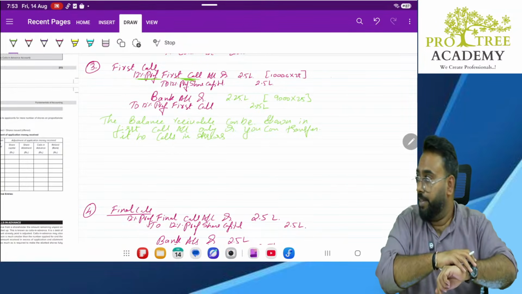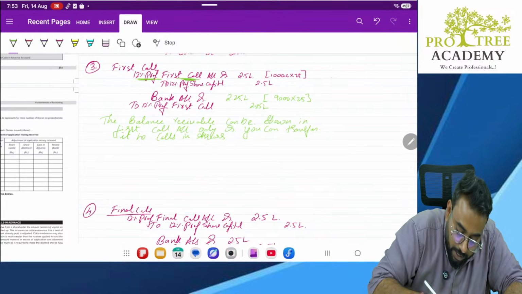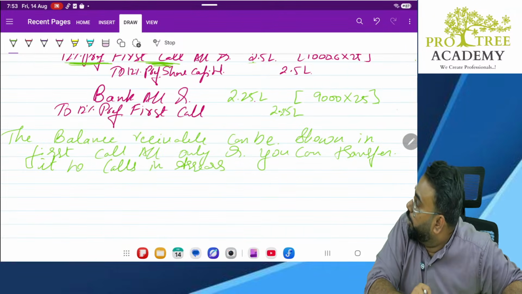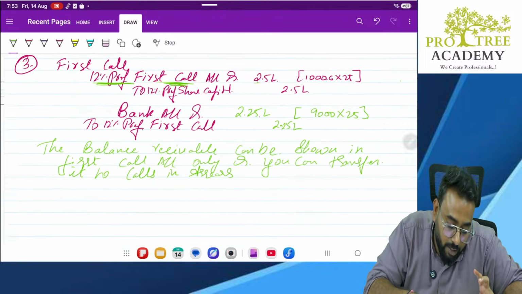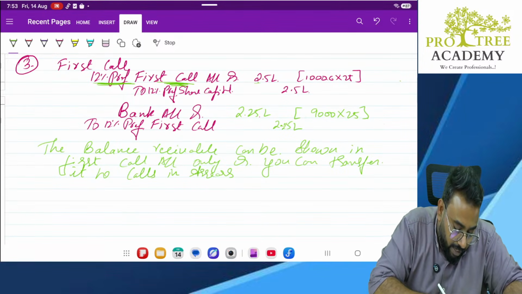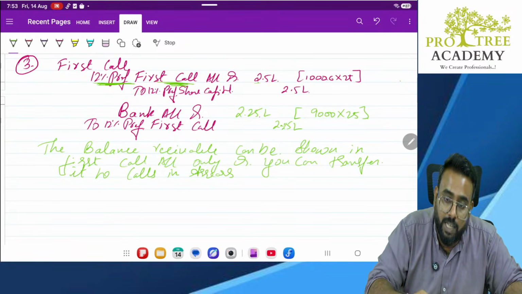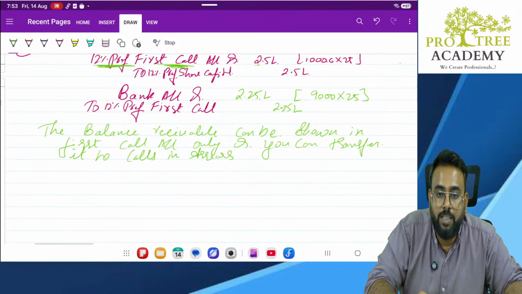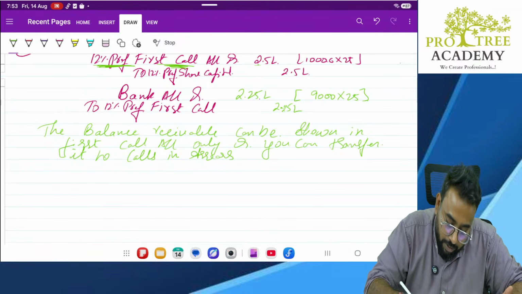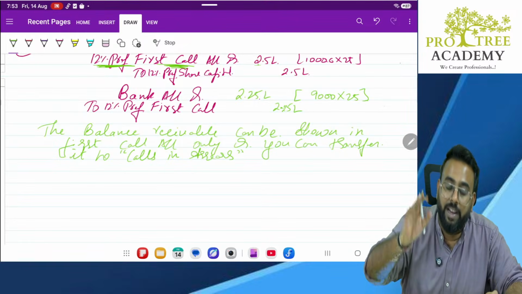Sir, you debited the first and final call account for 2.5 lakh, but how much money did you receive? Only 2.25 lakh, so the remaining 25,000 is still receivable. So the balance can remain in this account, no problem. Okay, good. Sir, I don't want to show it in this account, I want to show it in a different account. The name of that account will be calls in arrears.